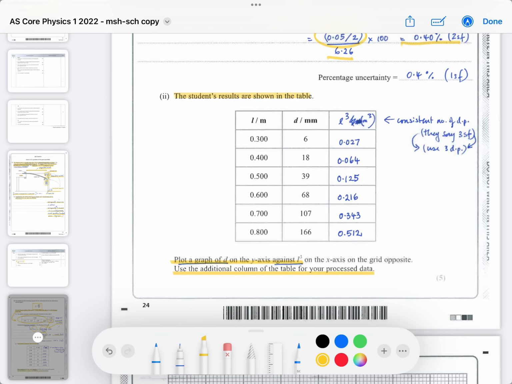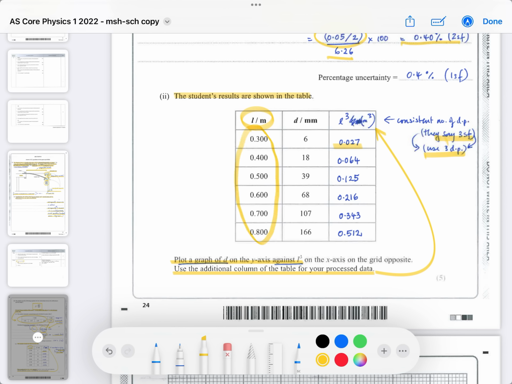If you want D against L cubed, you've got to make sure you've worked out L cubed. L cubed would then be in meters cubed. And you want to have a consistent number of decimal places. They say 3 significant figures. I say use 3 decimal places. When you're taking measurements, you always have a consistent number of decimal places.